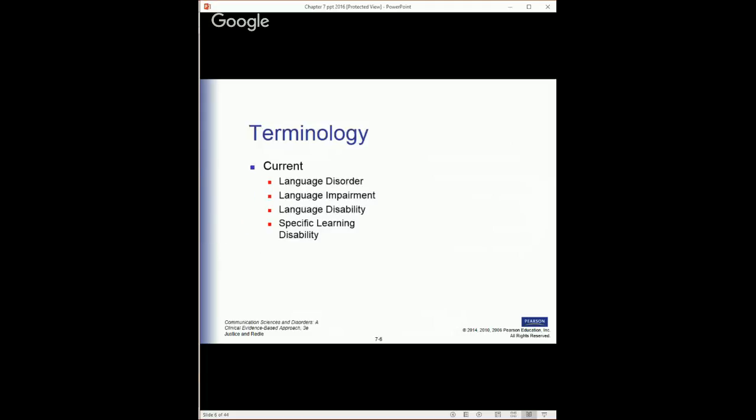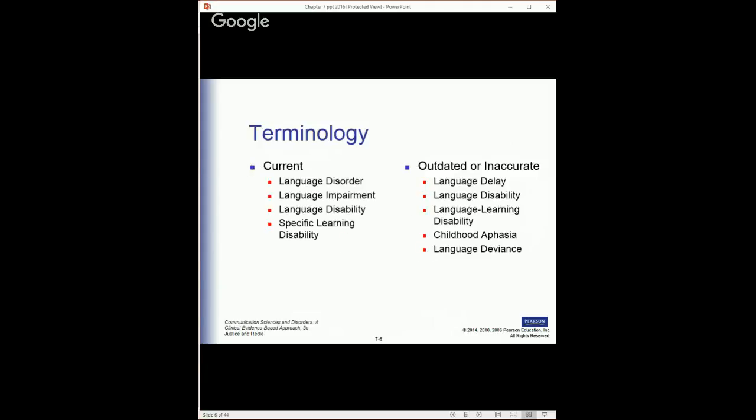Current terminology that we use is language disorders, language impairments, language disabilities, and specific learning disability. Those are in contrast to outdated or inaccurate terms or names such as language delay, language disability, language learning disability, childhood aphasia, and language deviance.